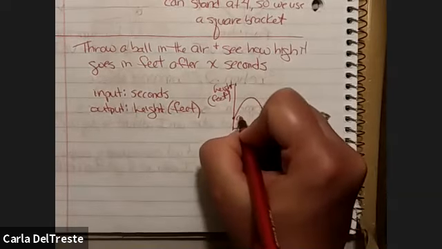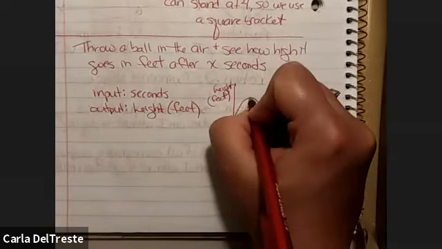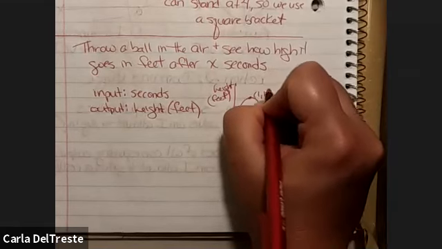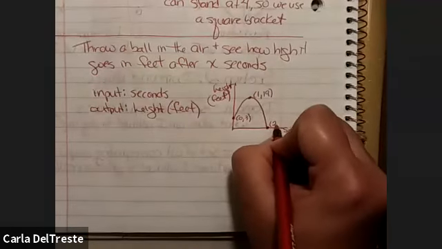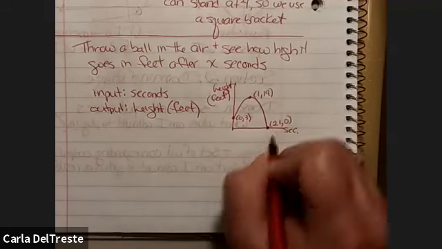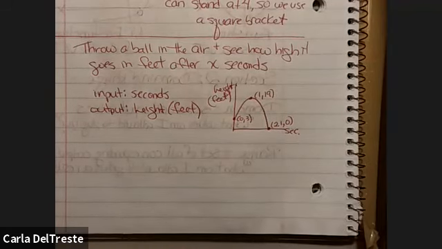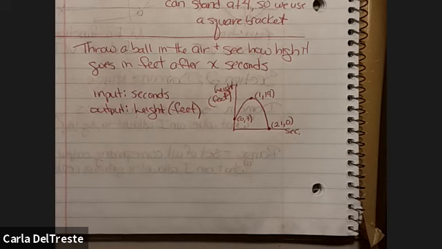We have 0, 3, we have 1, 19, and we have 2.1, 0. I want to know domain and range, okay, of this situation.